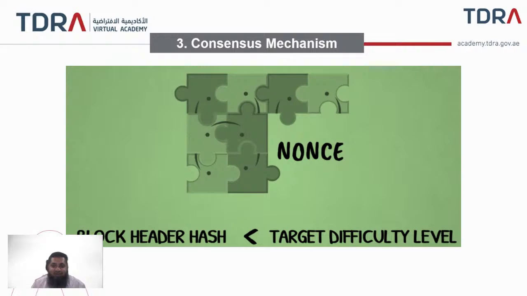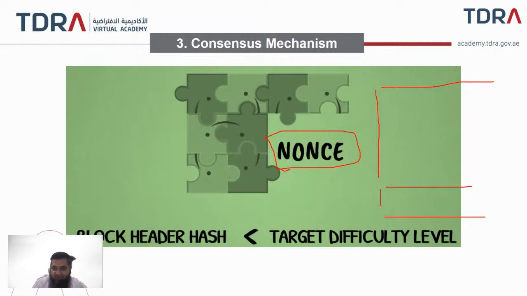I told you that every time a miner has to solve some puzzle, and this puzzle is solved on the basis of one integer, and that integer is called nonce. So we can say the nonce is in some range. These are the total ranges where the nonce is generated.